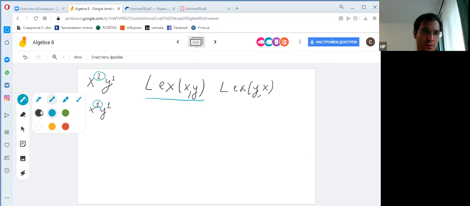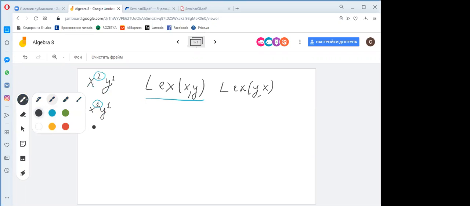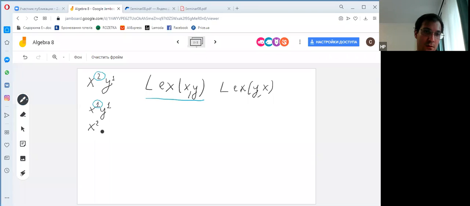Some more, please. For example, x squared. Okay, we have some examples, and maybe now we can describe all monomials which are smaller than x squared y.